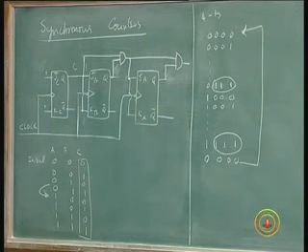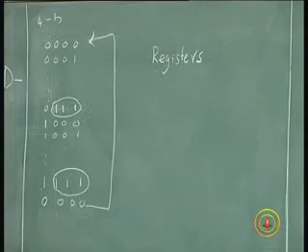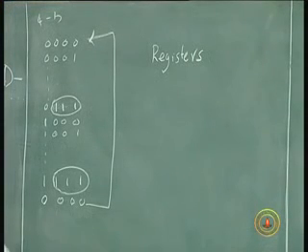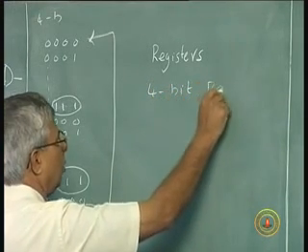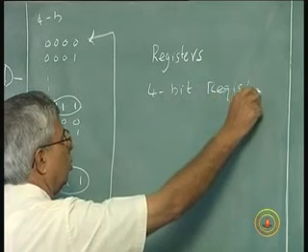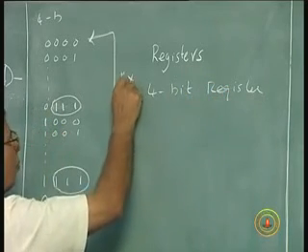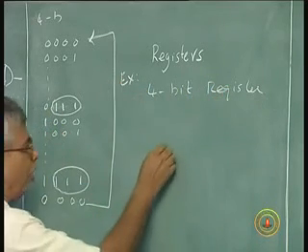You must have seen this word very frequently used in digital books. A register is nothing but a group of flip flops. A 4-bit register, for example, will have 4 flip flops.